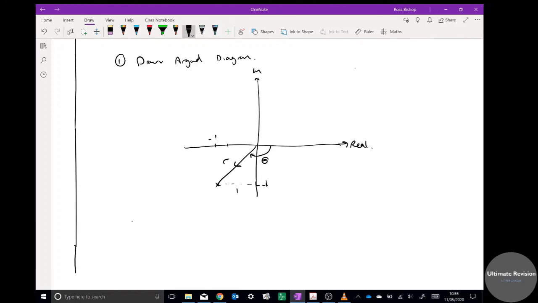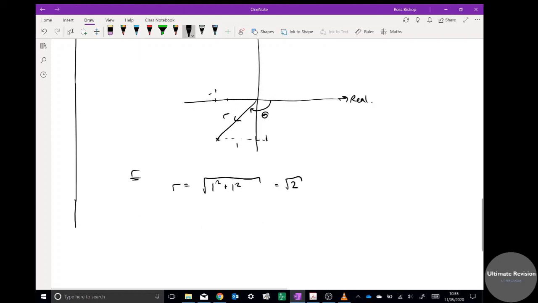Right, so I need to work out two things here. I need to work out r, the modulus, and that's quite easy. That's just Pythagoras. r is equal to the square root of 1 squared plus 1 squared, so r is going to be root 2. Now the argument, theta, I'm going to work out alpha first. So alpha is going to equal tan minus 1 of opposite over adjacent, which is 1 over 1.